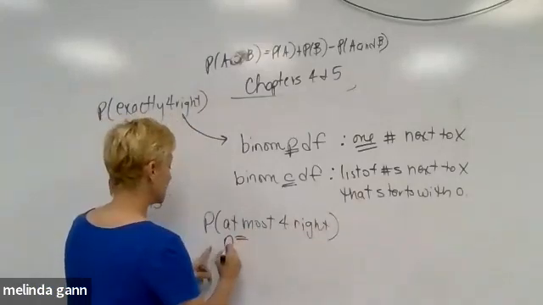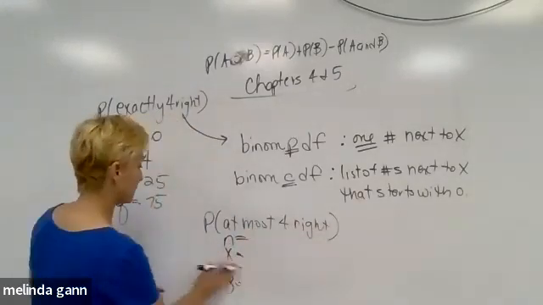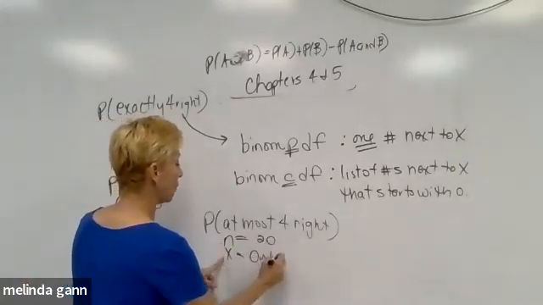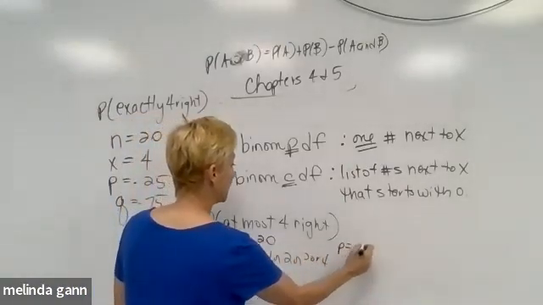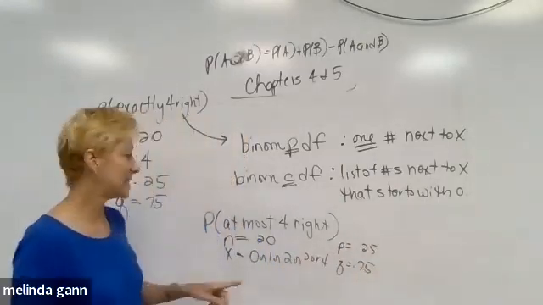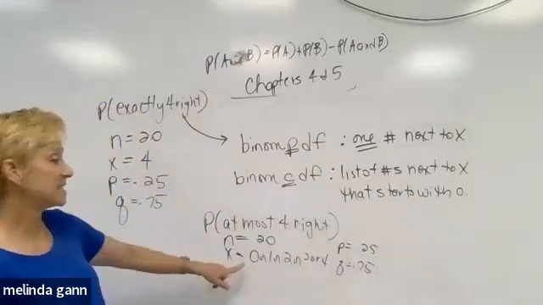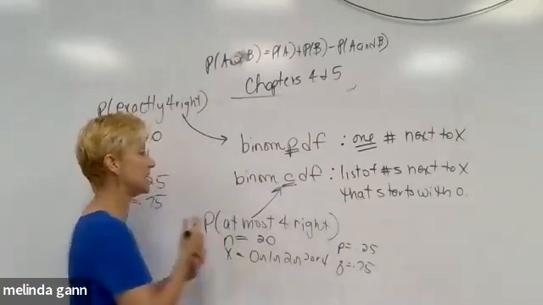Well, then remember my N was 20, my X was 0 or 1 or 2 or 3 or 4. My P would be 0.25, my Q would be 0.75. A list is just more than one number, but the list has to start with 0. This list starts with 0, so I would use the C key.